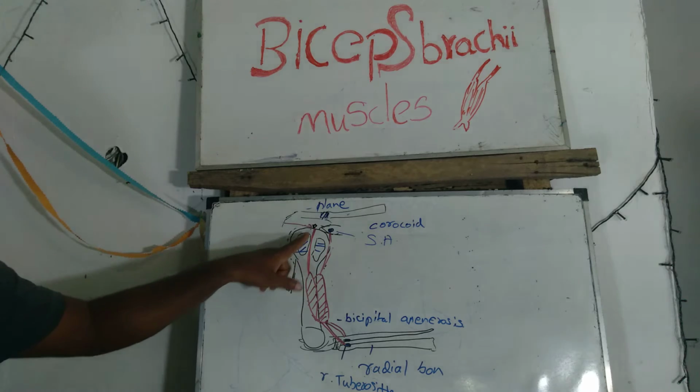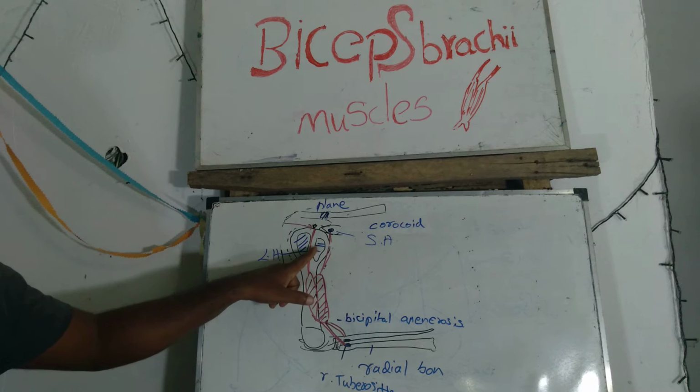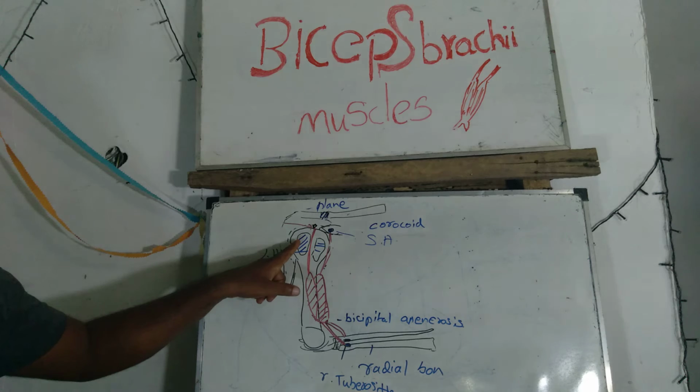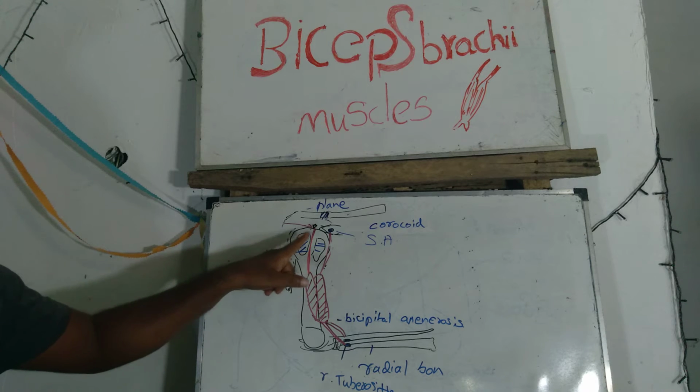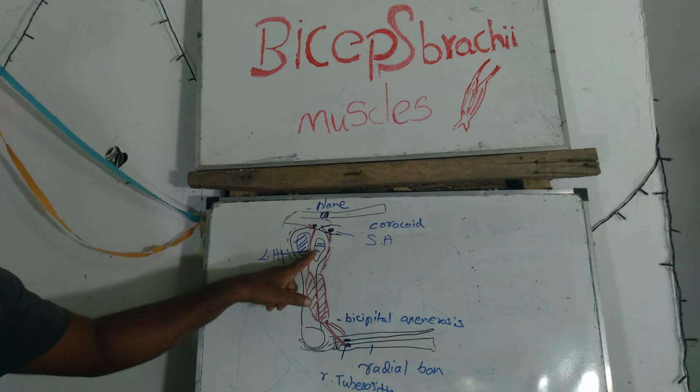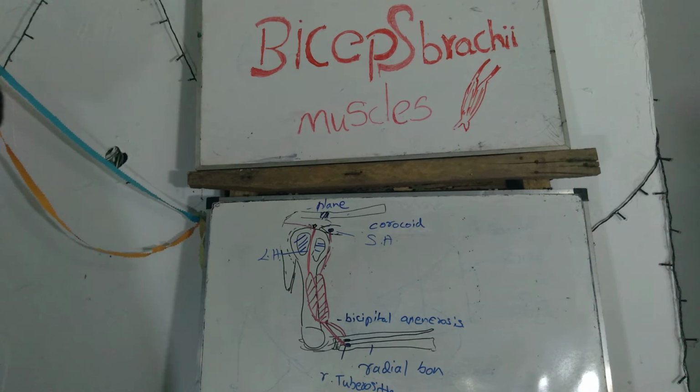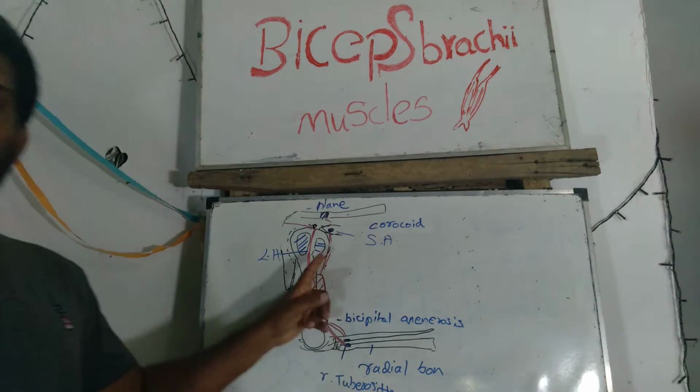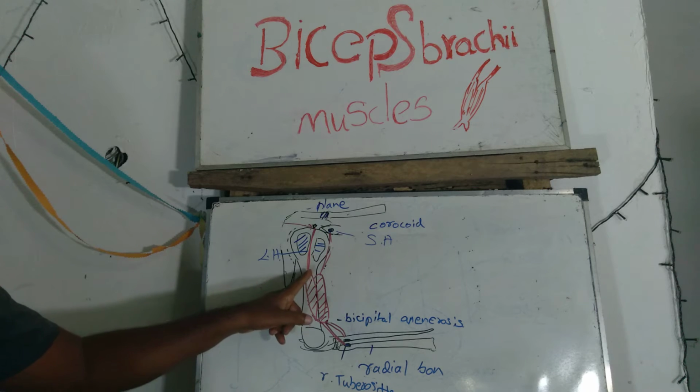The long head comes through the greater tubercle and lesser tubercle, the intertubercular sulcus.